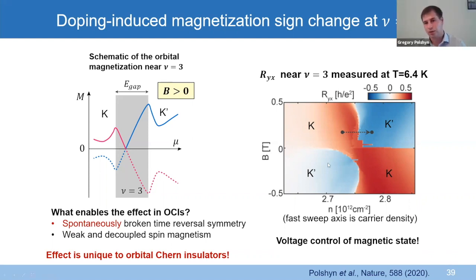Yeah, so good question. Yes, we can do it because, first of all, this Hall resistance is quite high, it's close to h/e², right? And even at low magnetic fields, it approaches this very high value.